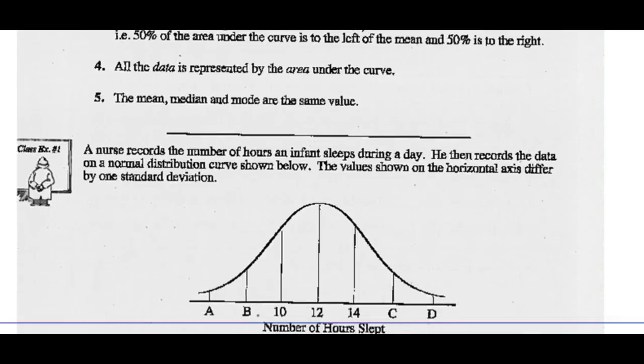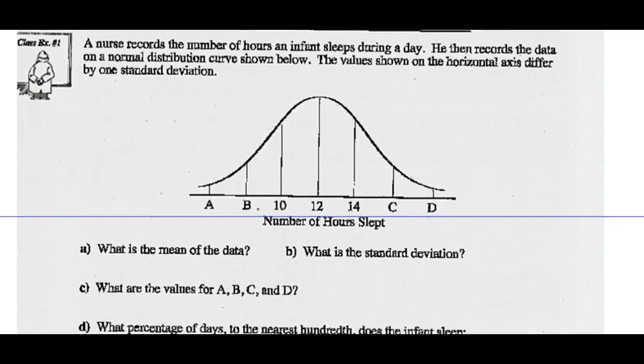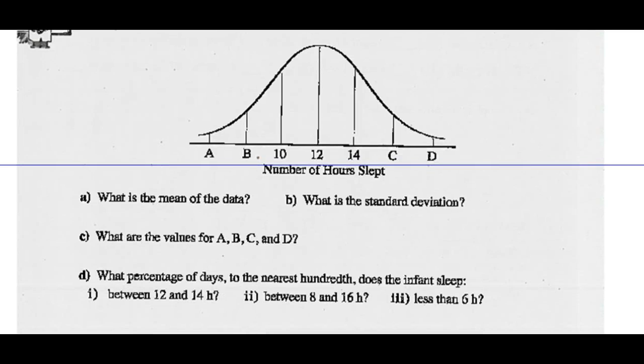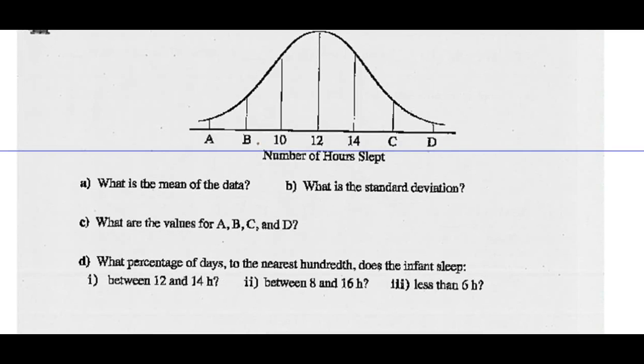Let's try a few examples. A nurse records the number of hours an infant sleeps during a day. He then records the data on a normal distribution curve shown below. The values shown on the horizontal axis differ by 1 standard deviation. So if that is true, we should be able to decide what the mean is. Well, the mean is the middle piece of data. That cuts this thing in half, so the mean is 12 hours.